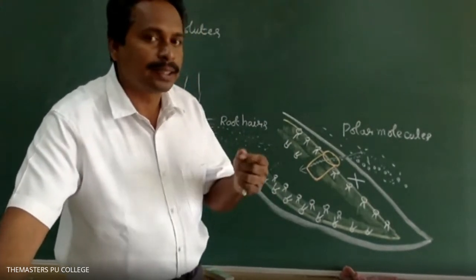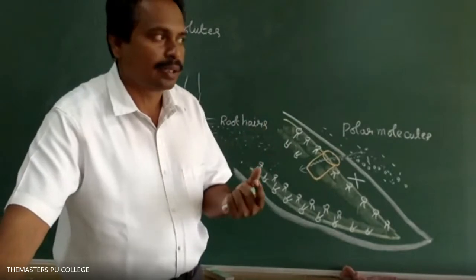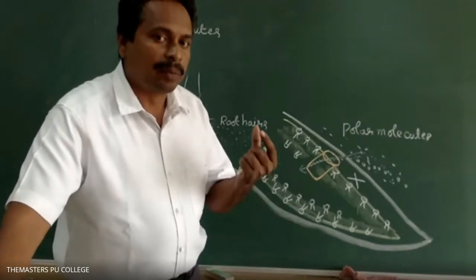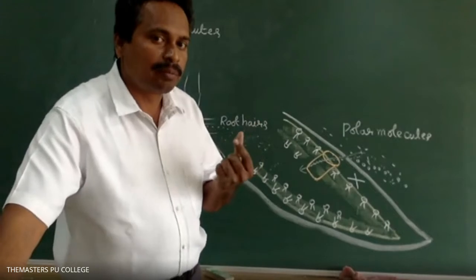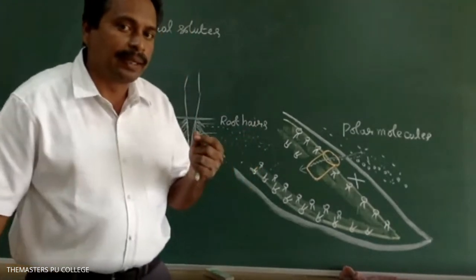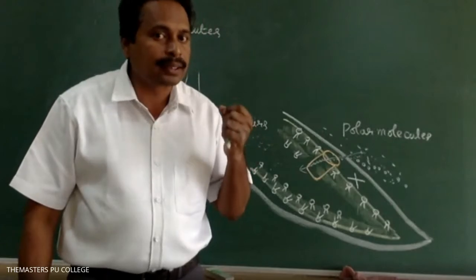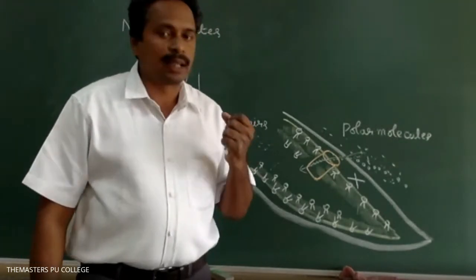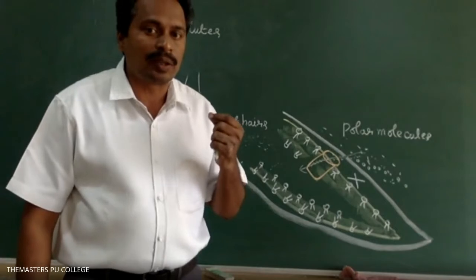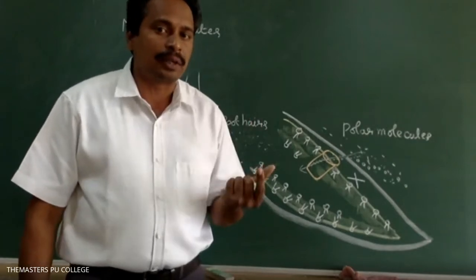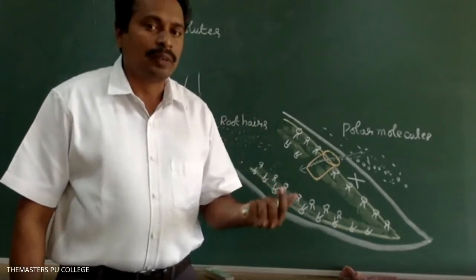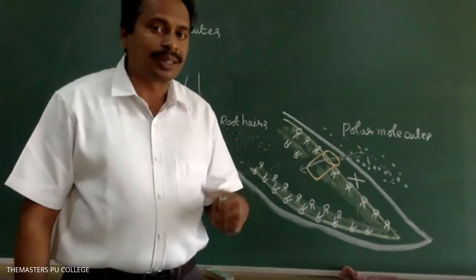So the cell membrane is involved in various functions. What is the main function of the cell membrane? The cell membrane is mainly involved in the transportation of molecules. Transportation without utilizing energy is passive transportation; with utilizing energy, it is active transportation.